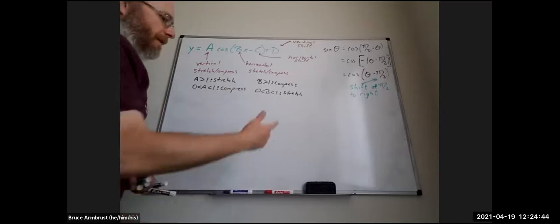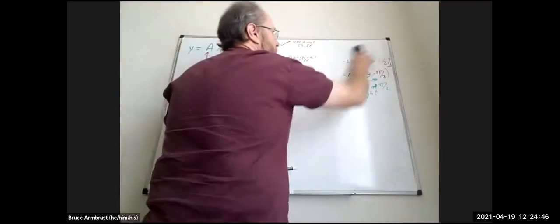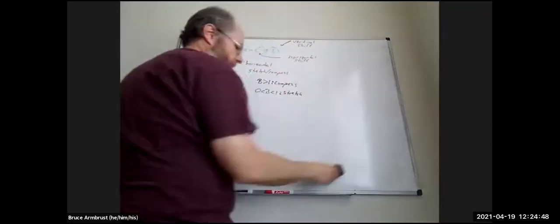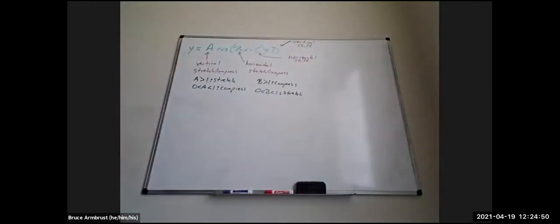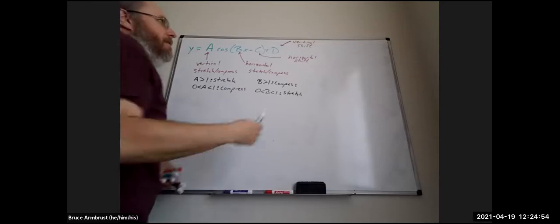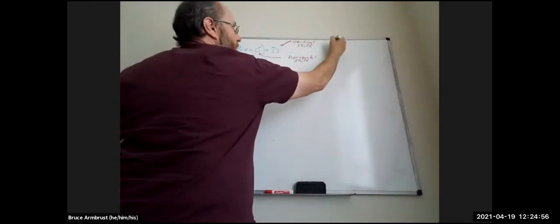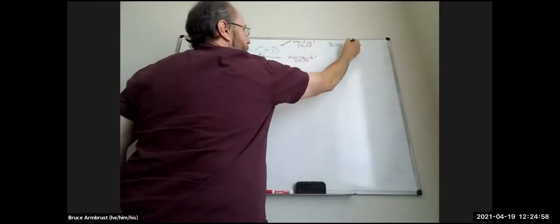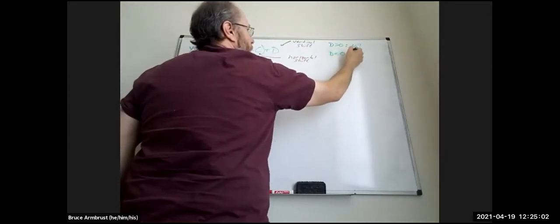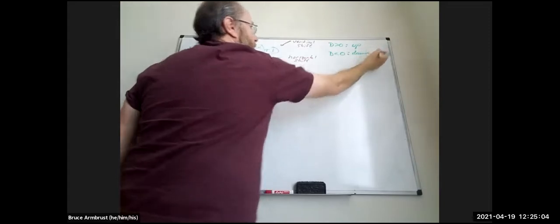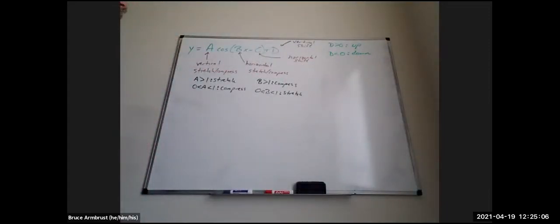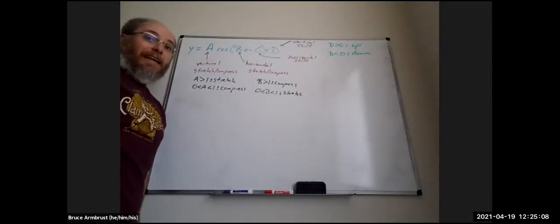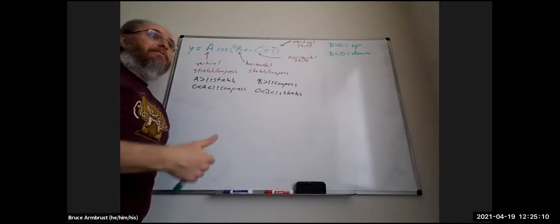All right, so then in terms of the shifts, the vertical shift, it's going to be up if D is greater than 0. And it's going to be down if the D is less than 0. So if we add a positive, then we're going up.